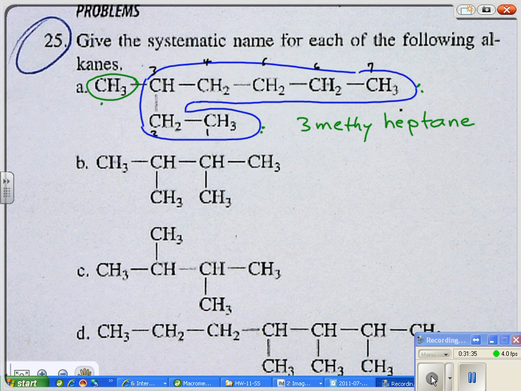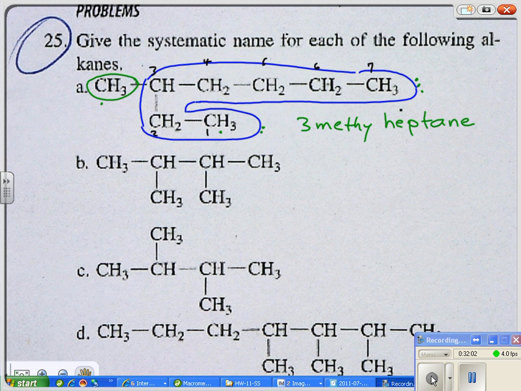How do you know where to count from? In this molecule, we call this carbon right here number 1. We did that because we counted from this end and got to 3 carbons and there was a substituent. If you count from this end, that substituent is on 1, 2, 3, 4, 5.